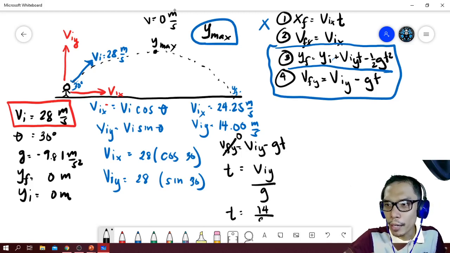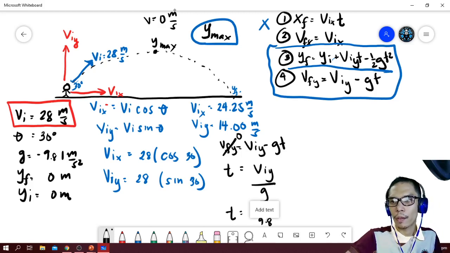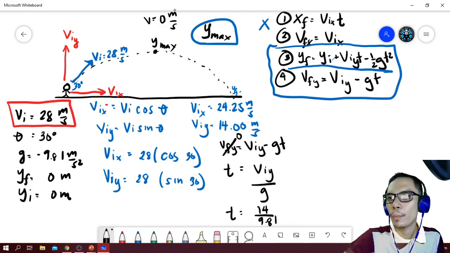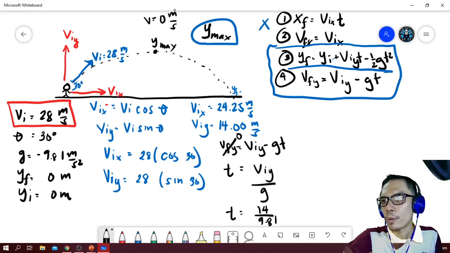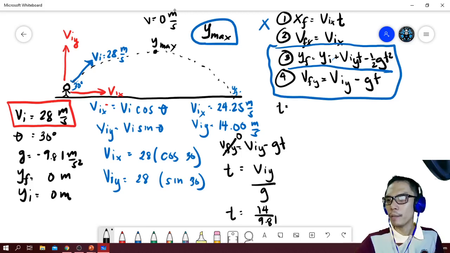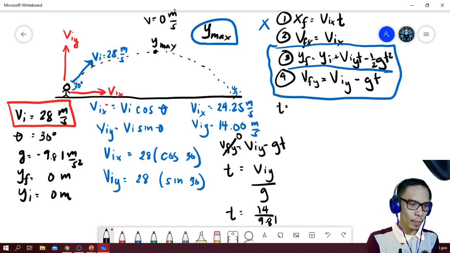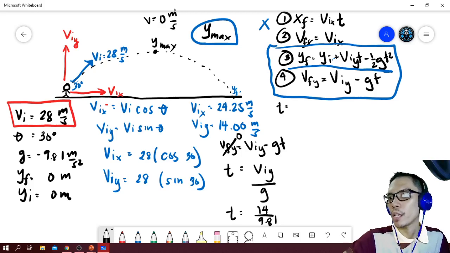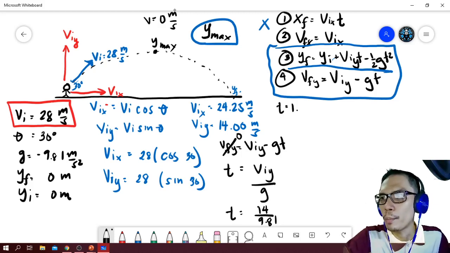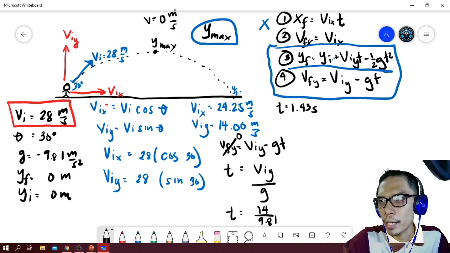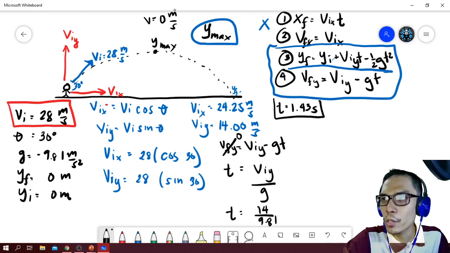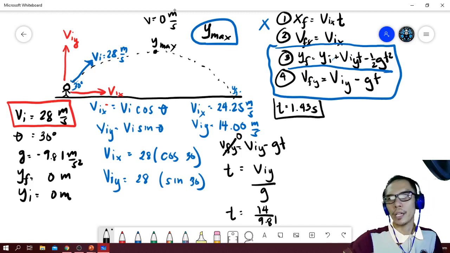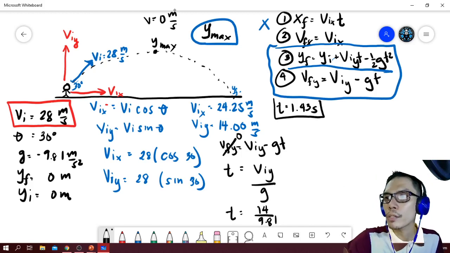What is v iy? 14 divided by 9.81. So what will be the time answer? 14 divided by 9.81 is 1.43 seconds. This is the time that we are going to use on number 3.